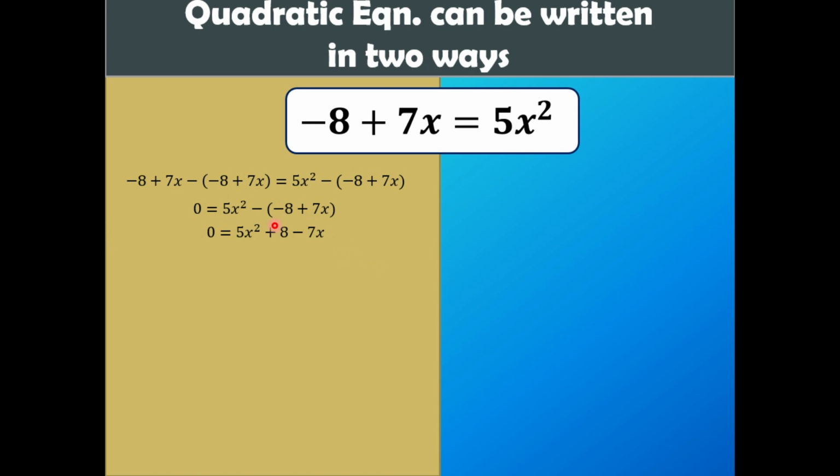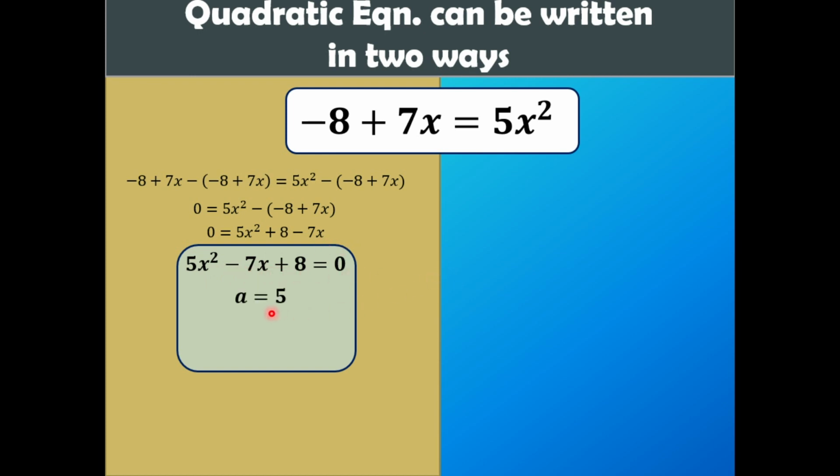Rearranging this one using the symmetric property, we'll have 5x squared minus 7x plus 8 equals 0. The value of a is 5, the value of b is negative 7, and the value of c is 8.